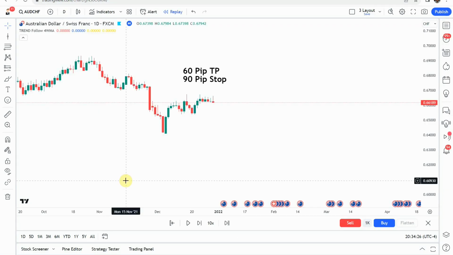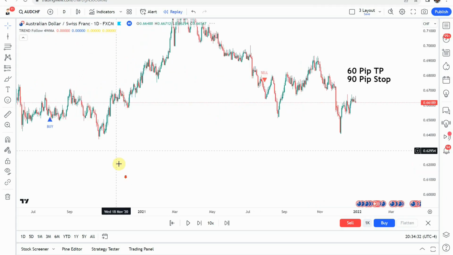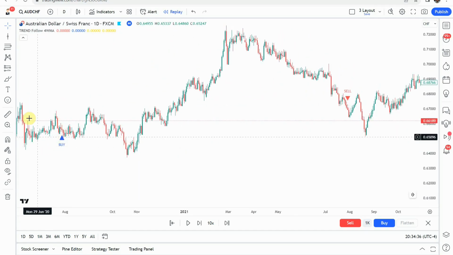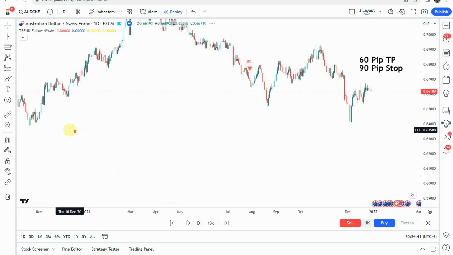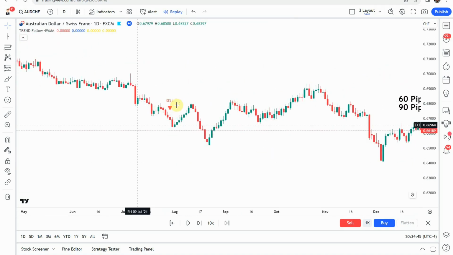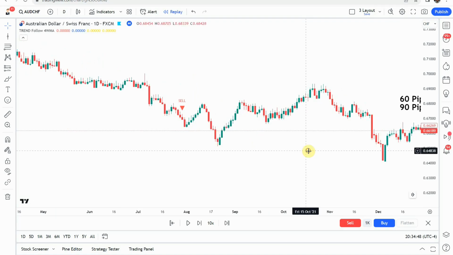Okay, so today we are testing the Trend Follower 4 WMA indicator. And if I scroll back here a little bit, you can see the indicator here on screen. So there's not much to it other than these buy and sell signals here. And so the setup on this is pretty easy. We're looking for those buy and sell signals, obviously.